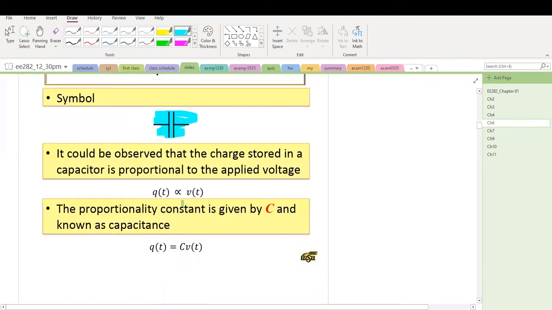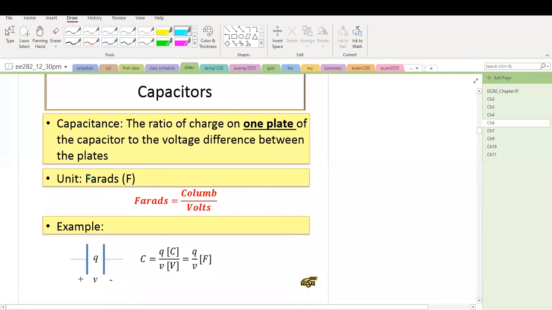The charge stored in the capacitor is proportional to the voltage across the capacitor. Therefore, q(t) equals C multiplied by v(t). This constant C is the capacitance. The unit of capacitance is farads.